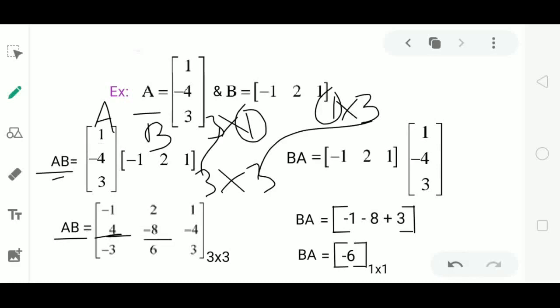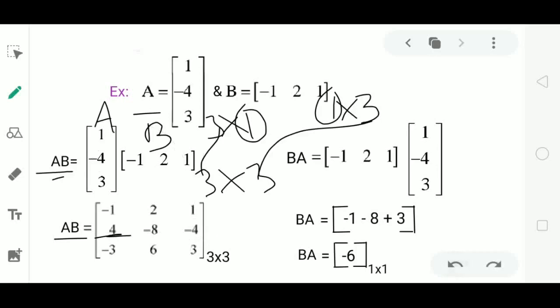For the next element lying in second row, second column, we consider second row of A and second column of B. Minus 4 into 2 is minus 8. Minus 8 is the required element. For the next element lying in second row, third column, we consider second row of A, third column of B. Minus 4 into plus 1 is minus 4. This is the element of second row, third column of AB.